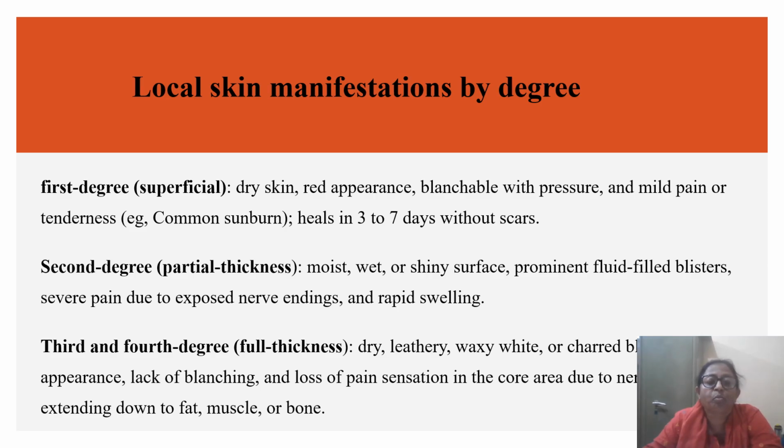Severe pain due to exposed nerve endings and rapid swelling. And third and fourth degree: dry, leathery, waxy, white or charred appearance, lack of blanching, loss of pain sensation in the core area due to necrosis, extending down to fat, muscles, or bones.